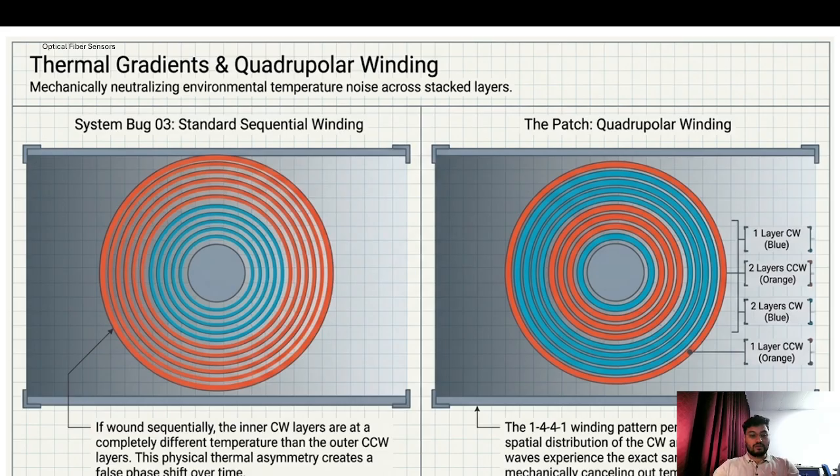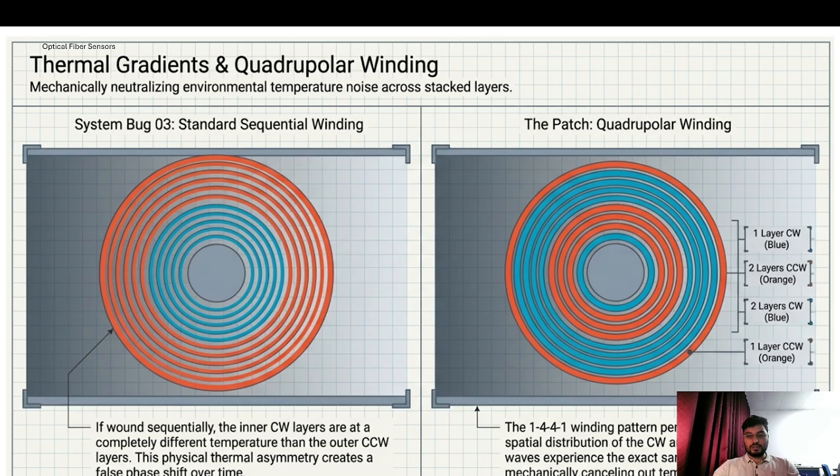So if wound sequentially, the inner CW layers are at a completely different temperature than the outer CCW layers. This physical thermal asymmetry creates a false phase shift over time.